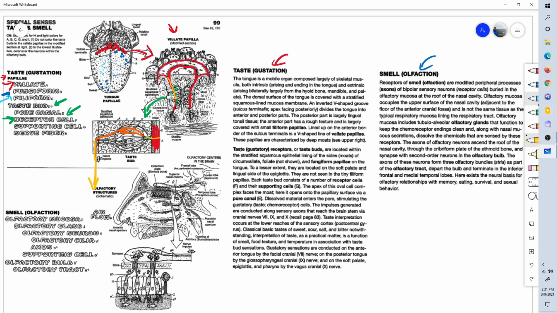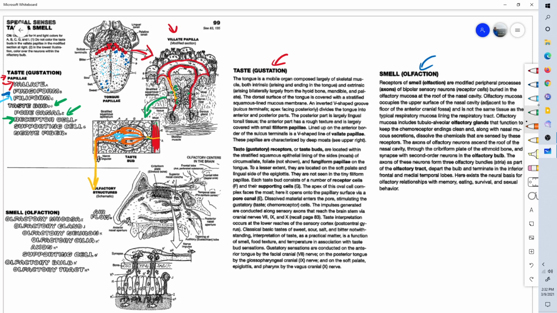The other cells surrounding are supporting cells, here, here, here. And then we have another taste receptor cell within the taste bud, sending its signal down its axon and joining the other axons to form an actual nerve fiber.